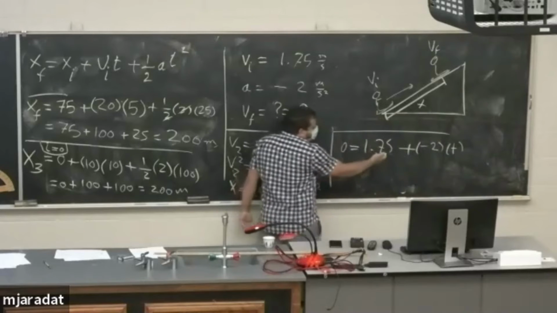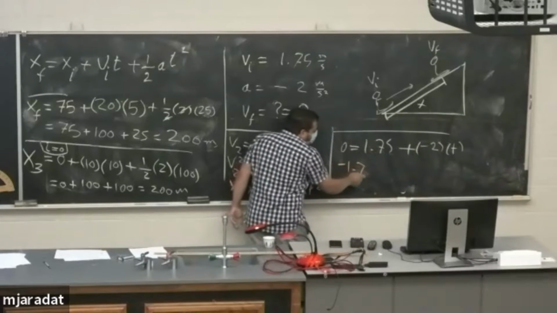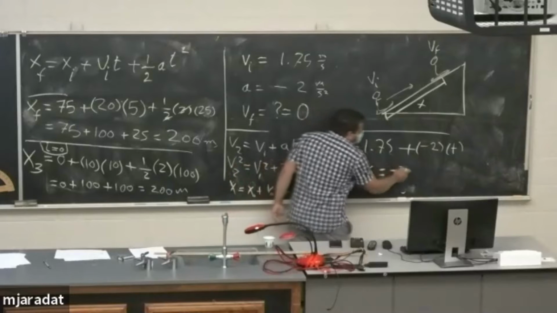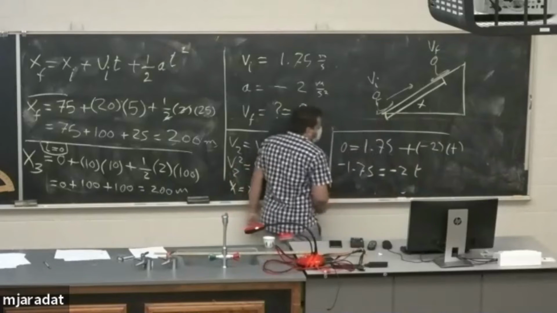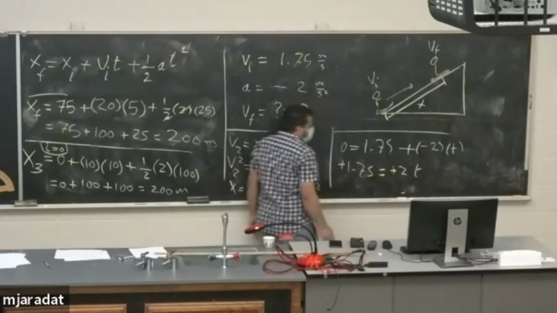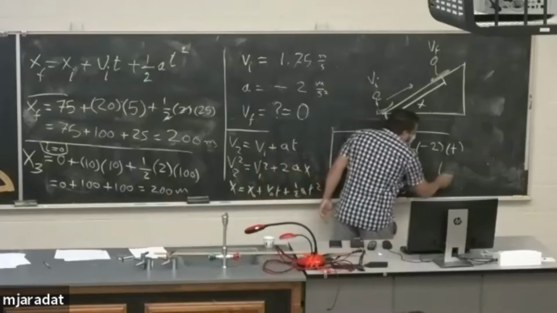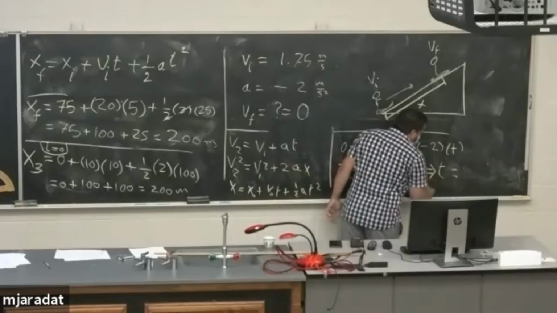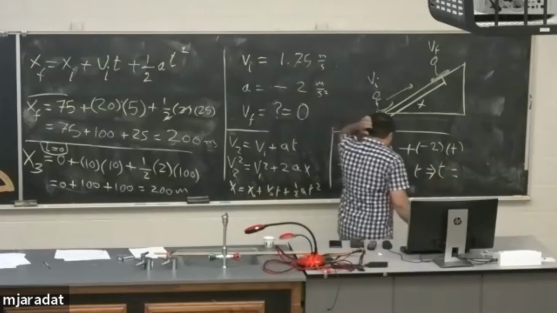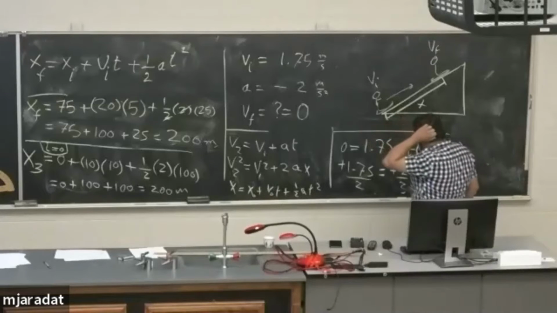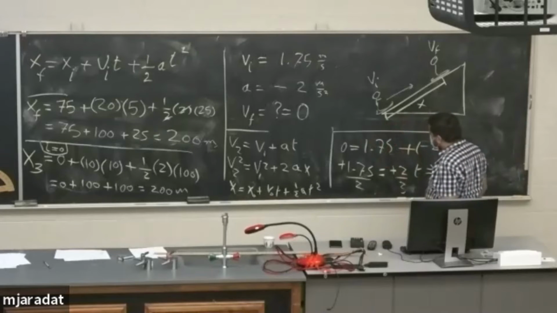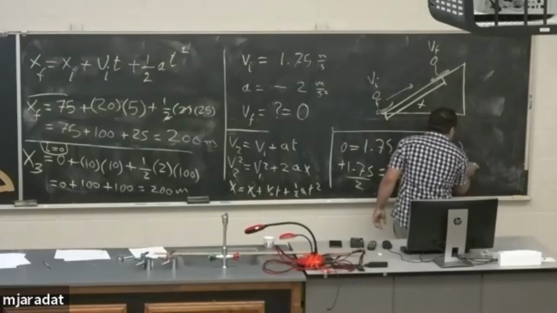So, for example, if you like to move this one, it will be -1.75 is equal to -2 T. The negative can be cancelled with the negative. I can divide over 2. Then the time will be equal to this over this.